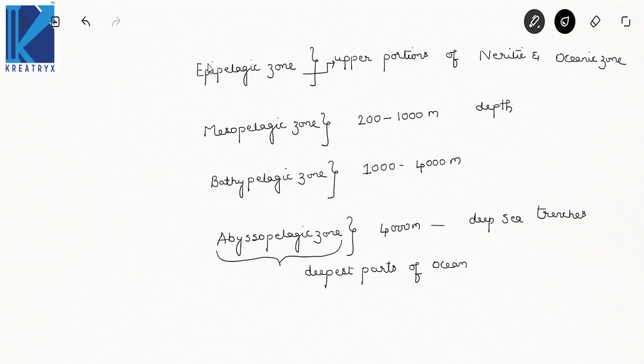Right. Now, again, the complete marine ecosystem is divided into different zones based on light penetration.